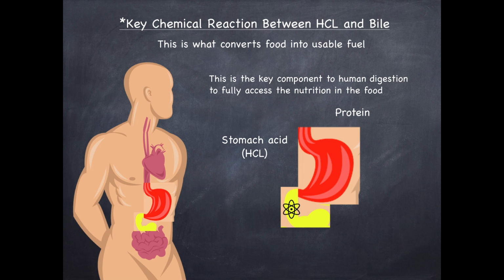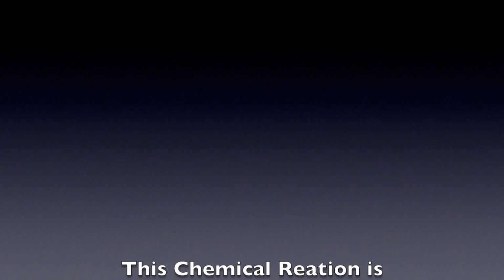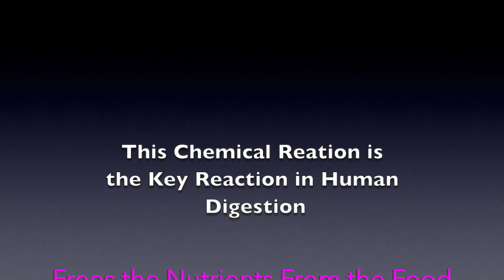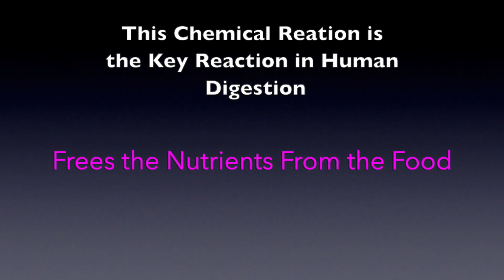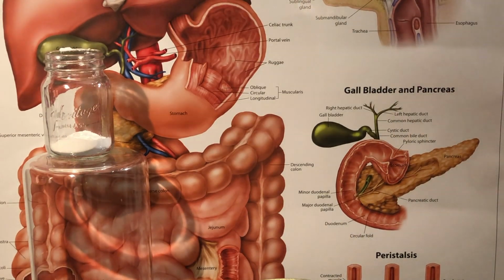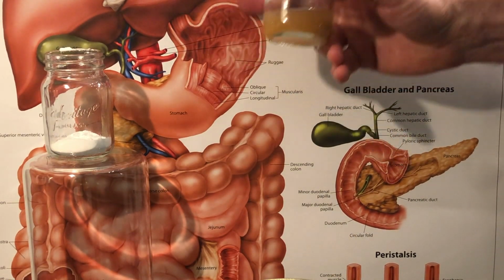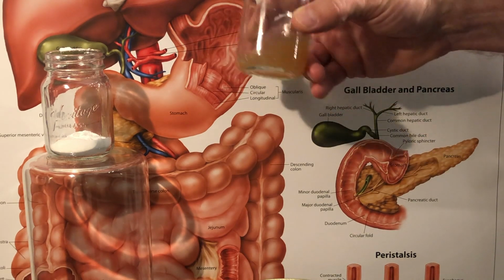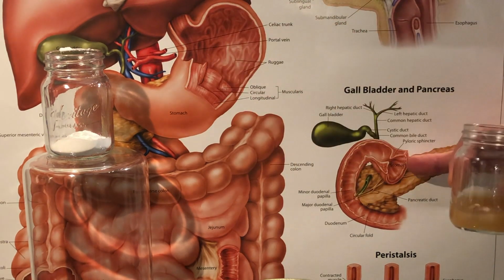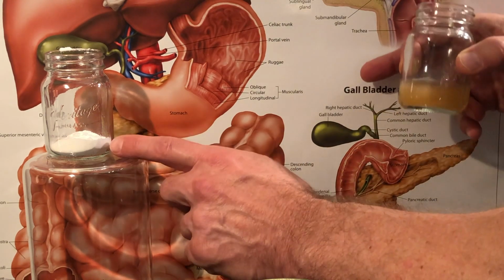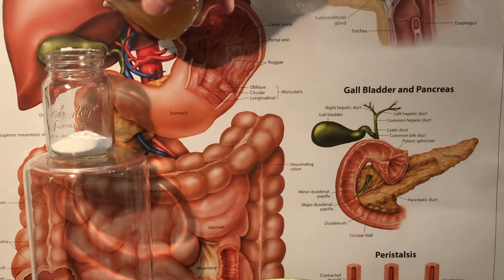When the body senses this acidic food leaving the stomach, it releases bile to cool down the stomach acid, and there's a chemical reaction that occurs. So as the food moves and is breaking it down, as it moves into the small intestines, it squirts out bile and bicarbonate, and they mix.